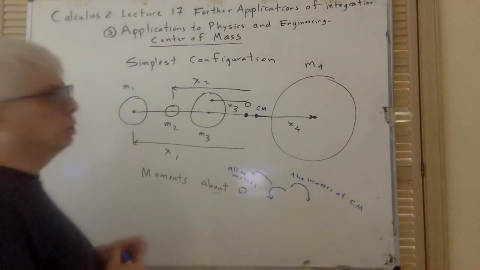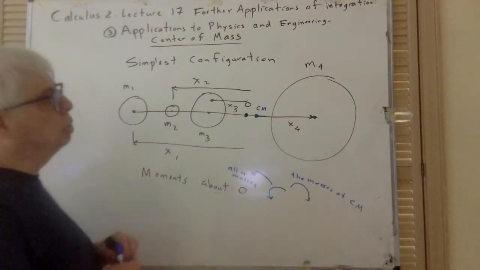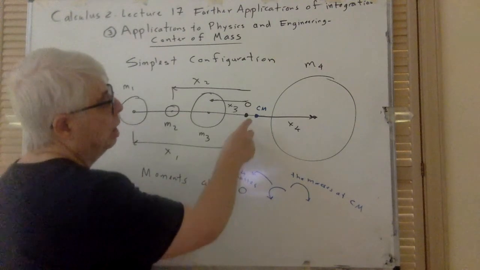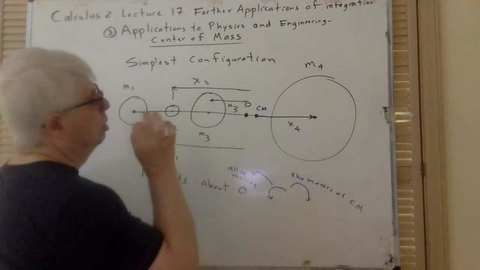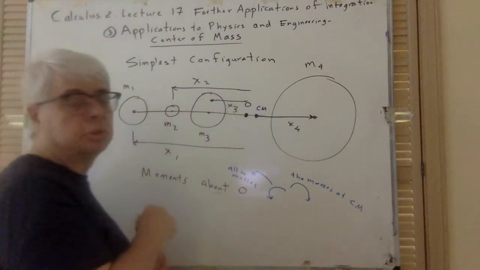In any course you take in mechanics, you will see that you can identify this whole configuration as a mass concentrated at Cm. And what is the mass? The mass is the total mass of this configuration.